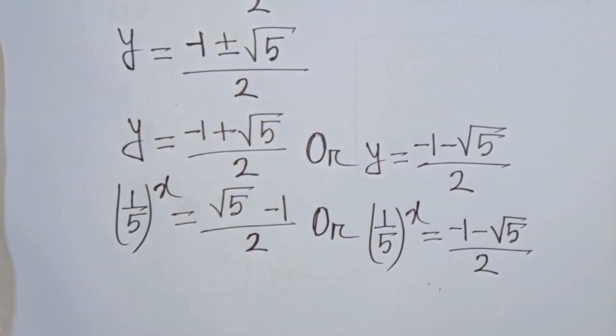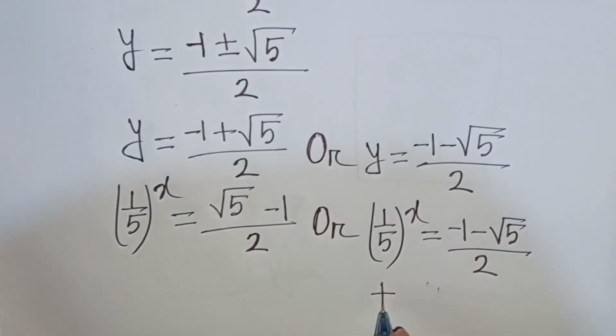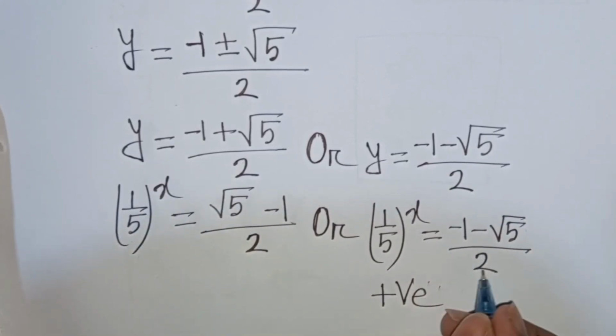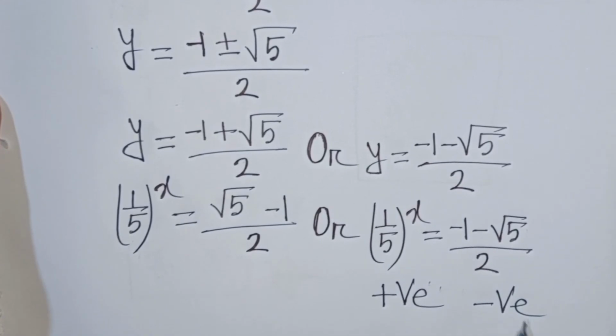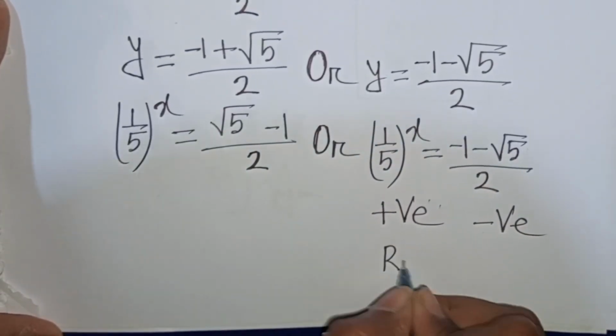Now we see (1 by 5) power any number is always positive, but (minus 1 minus square root of 5) divided by 2 must be negative. So positive cannot be equal to negative, so this is rejected.